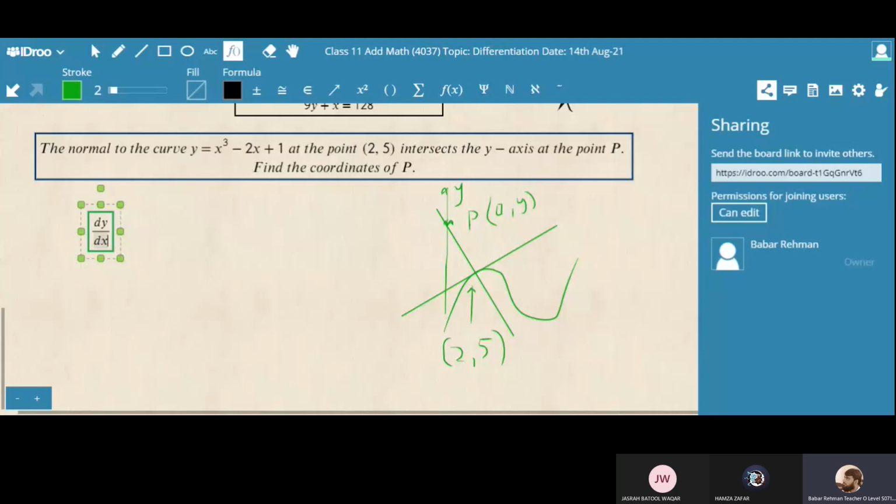I'm asking in terms of numbers, not in terms of x.